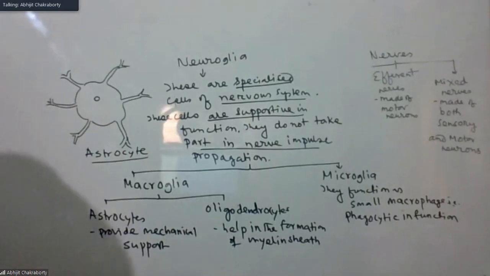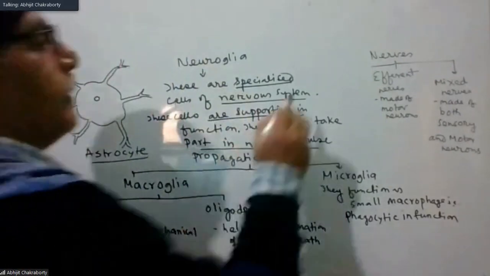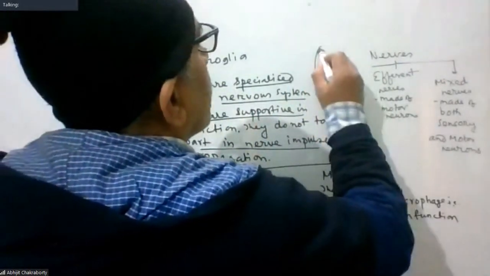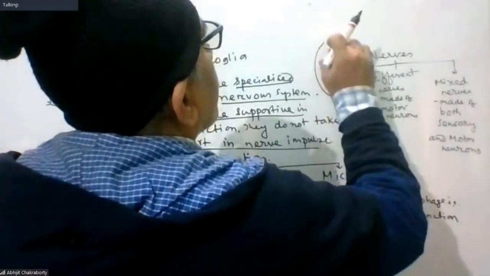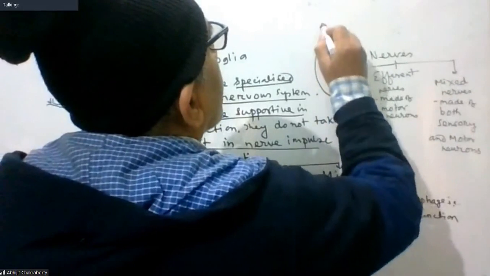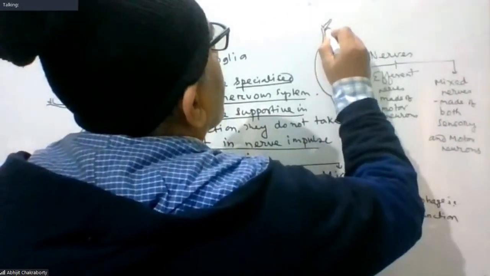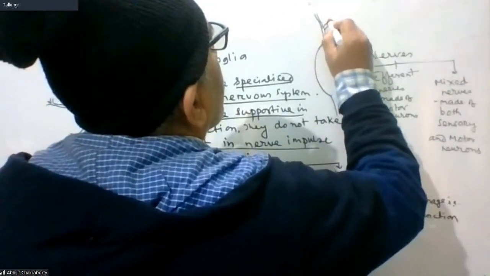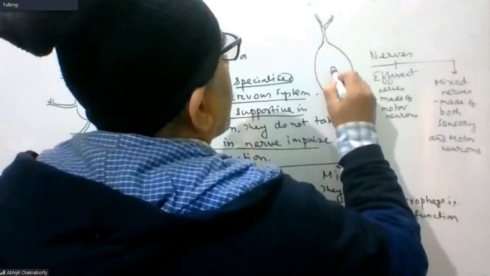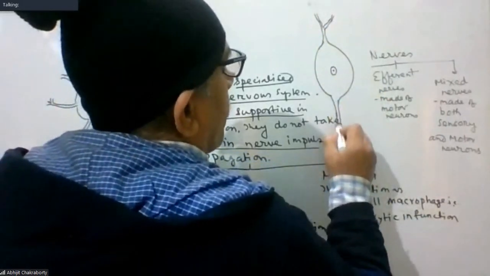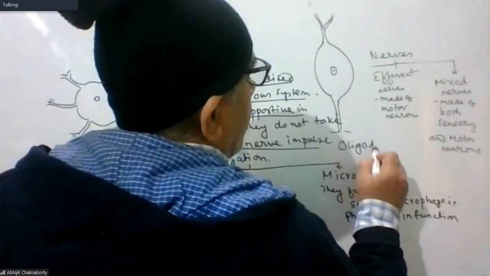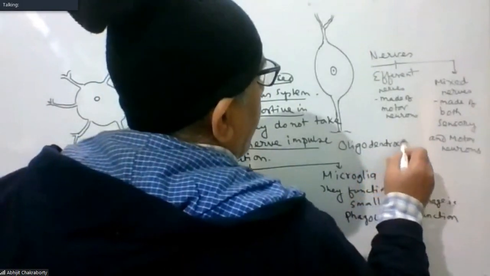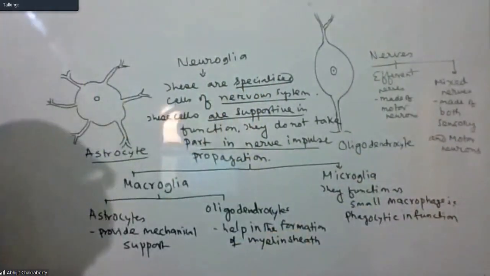This is the astrocyte. And whenever it is oligodendrocyte, clear?